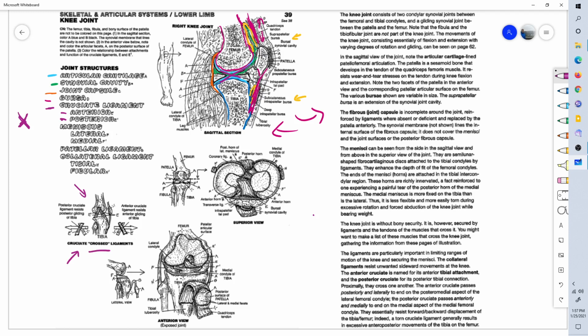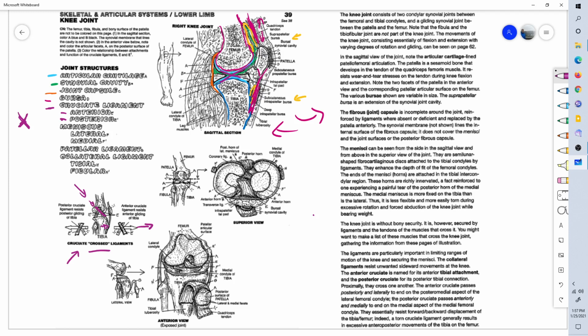And you can see the two ligaments right here. This is the anterior cruciate ligament right here. And what it prevents is forward translation or forward gliding of the tibia. You can see if this tibia were to move forward, slide forward like this, this anterior cruciate ligament would start to stretch.